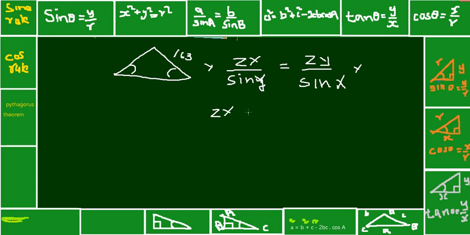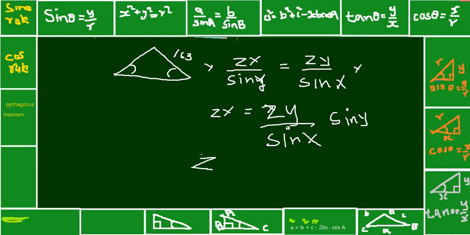So ZX equals ZY over sine X multiplied by sine Y.